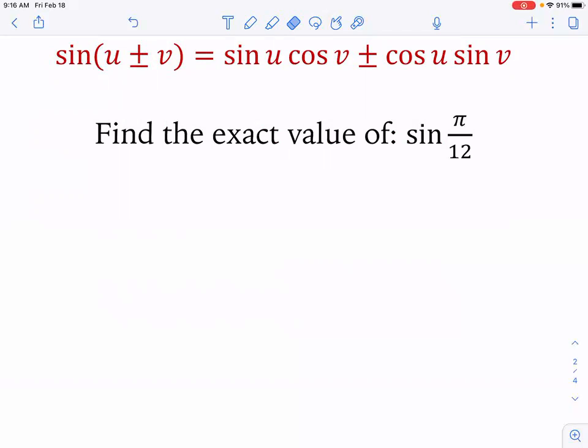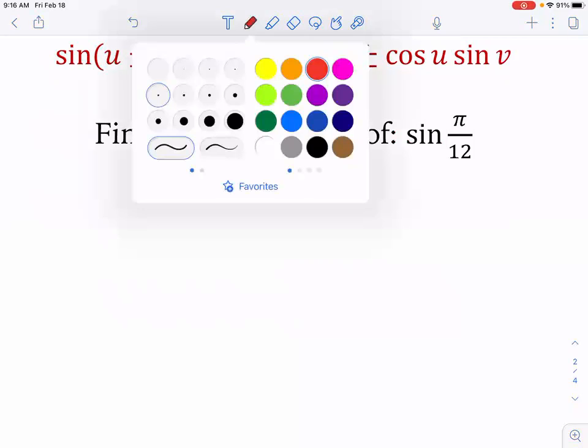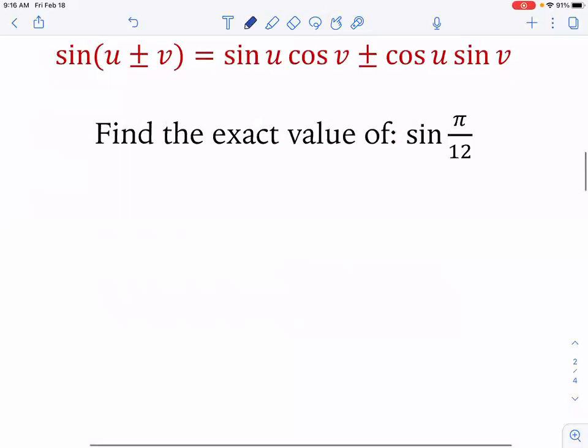Pi over 12. Is that something that is on our unit circle? No. However, are there 2 angles that add or subtract to pi over 12 that are on our unit circle? I need 2 angles that add or subtract to pi over 12.